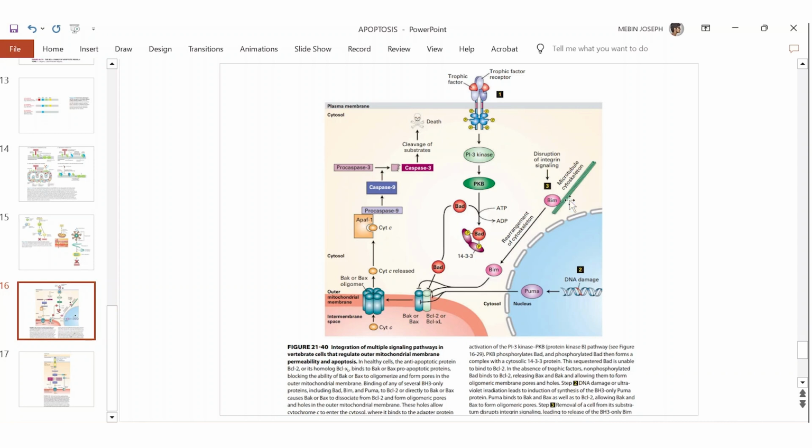And if the cell adhesion molecule integrin is disrupted due to any cause, at that time a BH3 family protein called BIM will be activated. So BIM is normally found on the microtubule cytoskeleton. So whenever integrin is disrupted, BIM detaches from our microtubule, and yeah, it's a BH3 only protein.